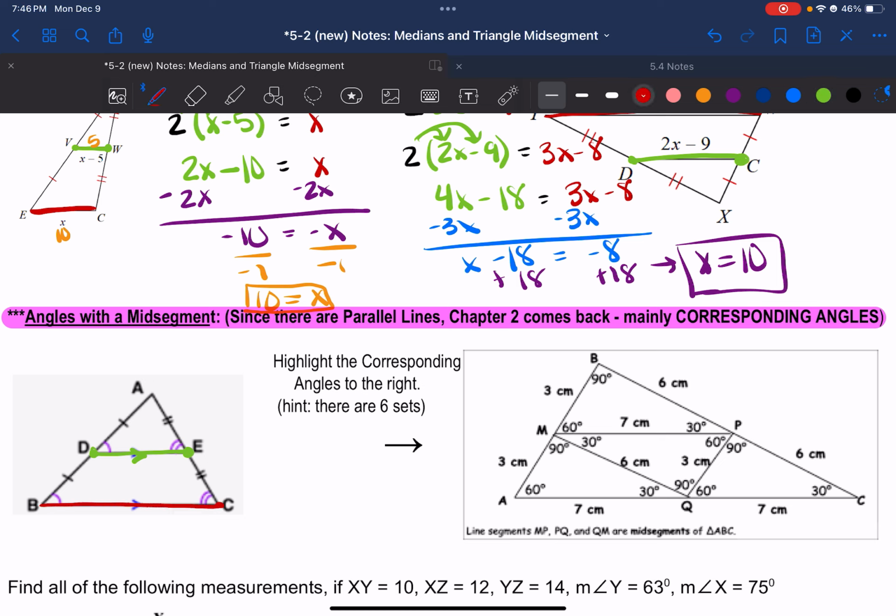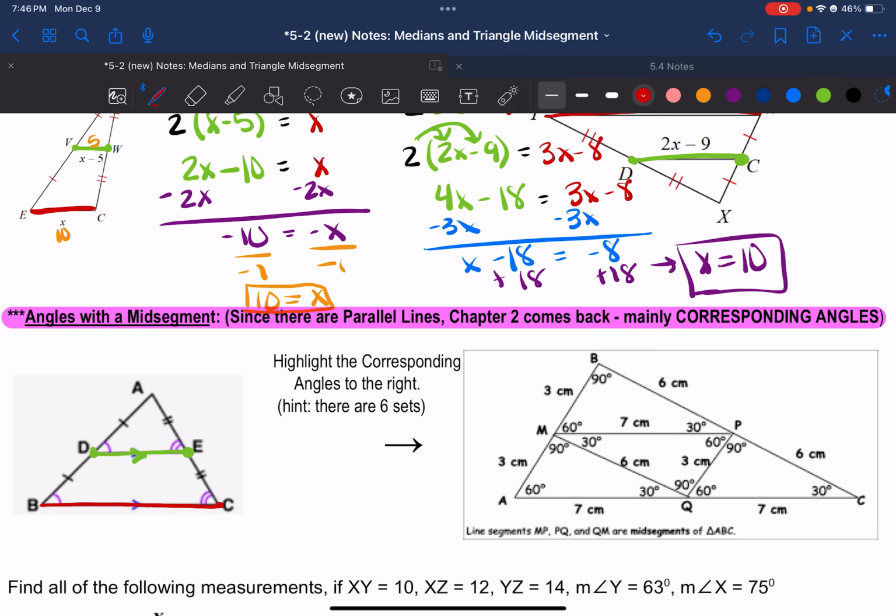If X to Z is 12, then X to B is 6, and B to Z is 6. If Y to Z is 14, then Y to C is 7, and C to Z is 7, which means A to B is also 7.